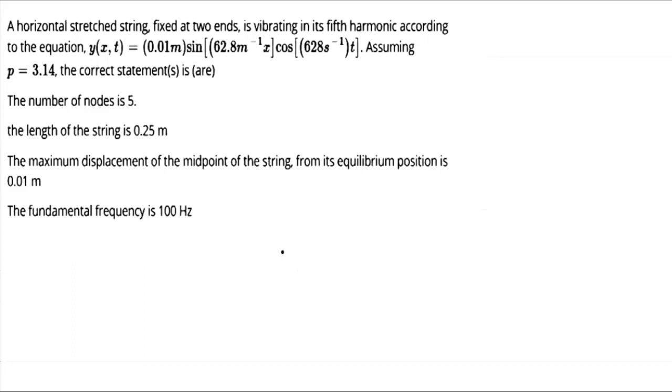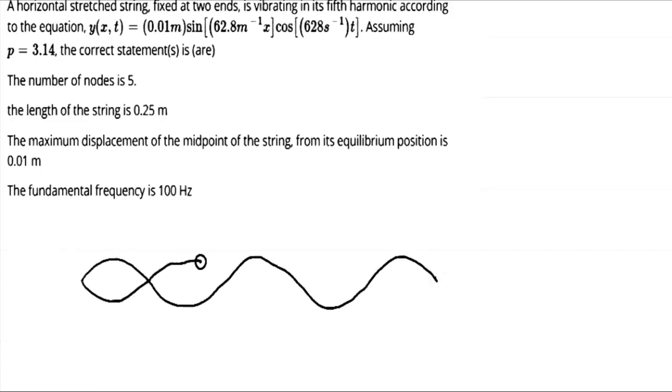So we start by drawing the wave, and we know that it's oscillating in its fifth harmonic, so we draw it like this, and in the other direction it will be like this.